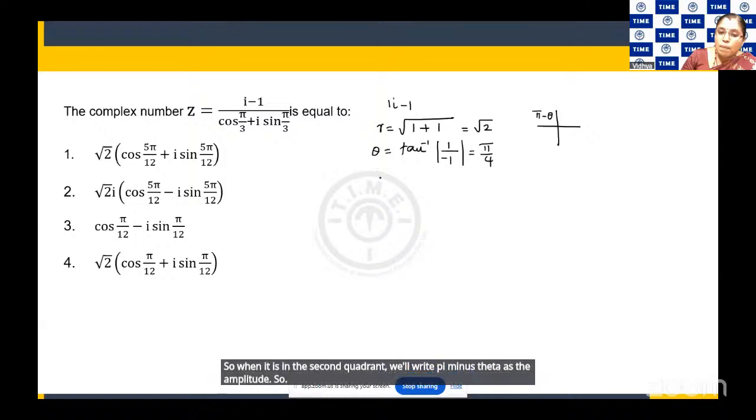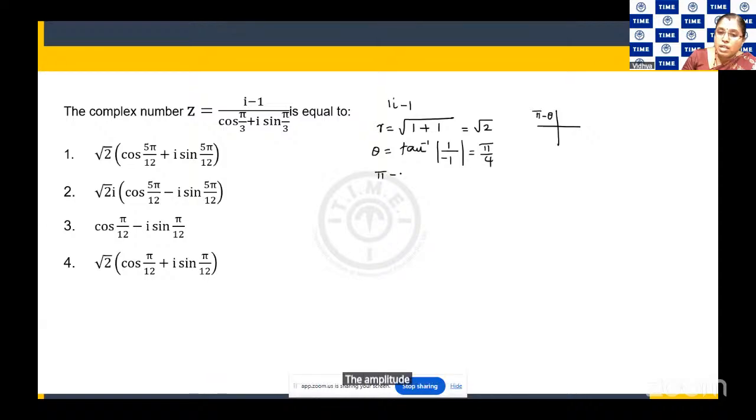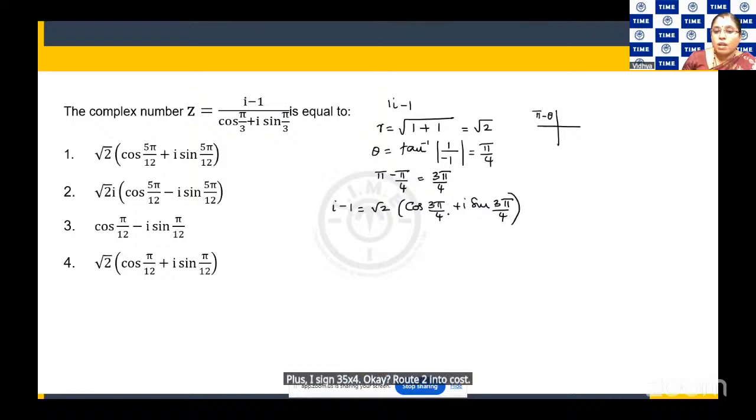So the amplitude is pi minus pi by 4, which is 3 pi by 4. So our complex number i minus 1 is equal to root 2 into cos 3 pi by 4 plus i sin 3 pi by 4.